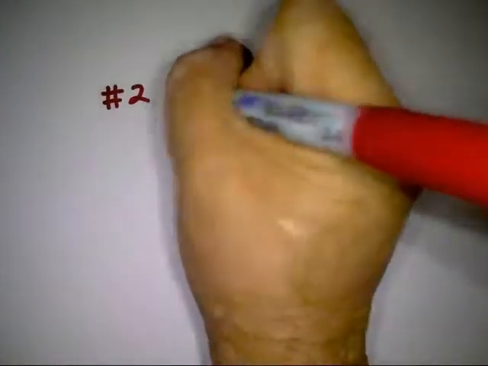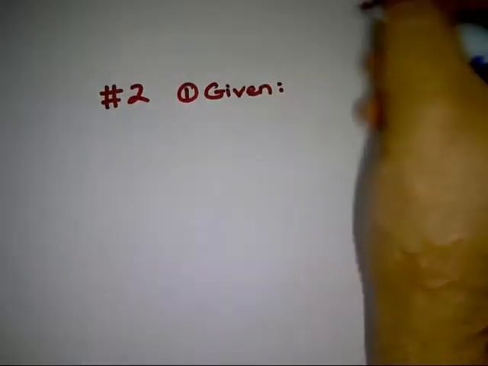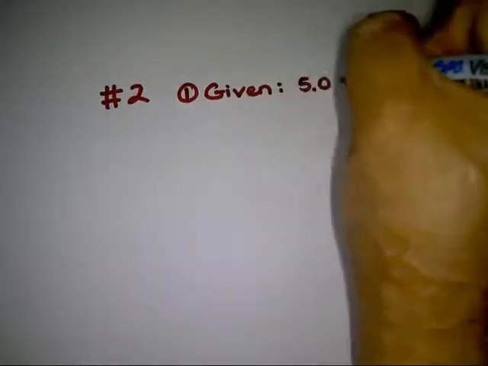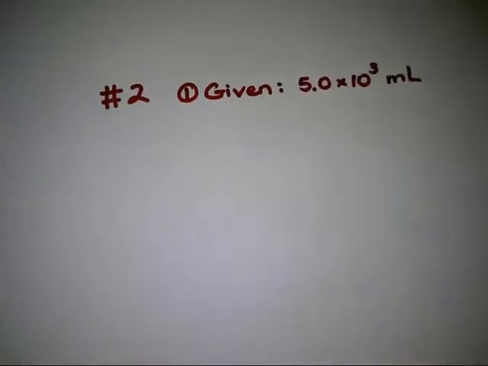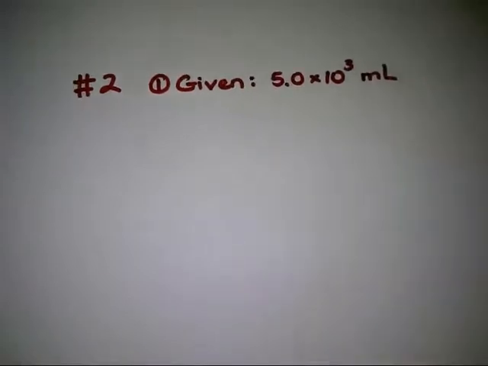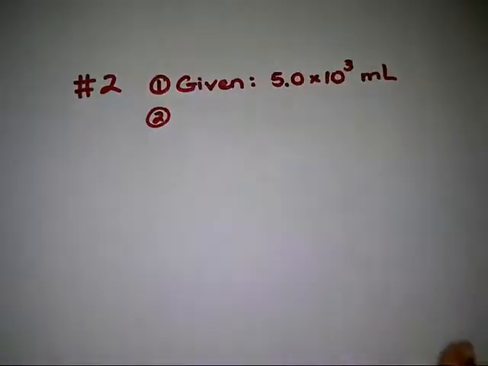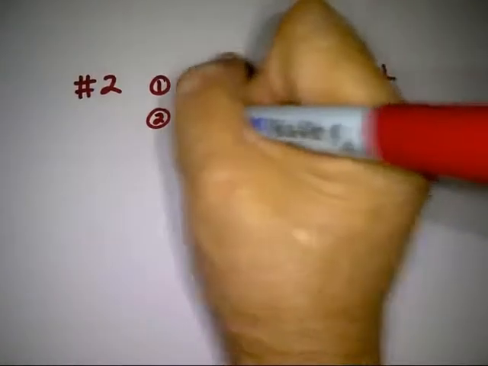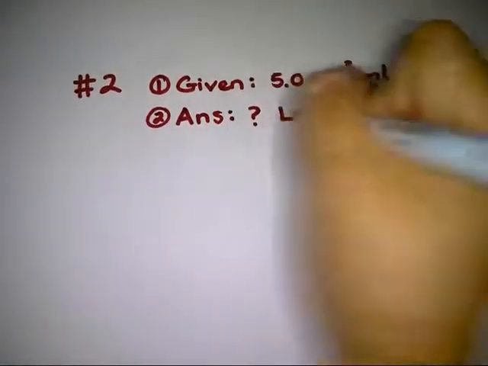Okay, so our given is 5.0 times 10 to the third power milliliters. Now, I know that this is a scientific notation, but there's no need to freak out about this. They are just a number. Now the answer that we're trying to find is how many liters.